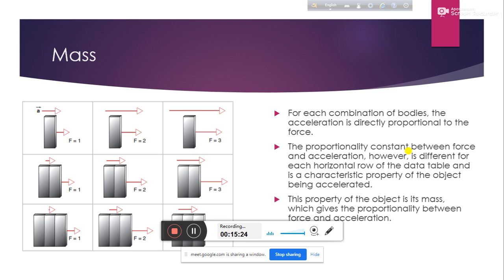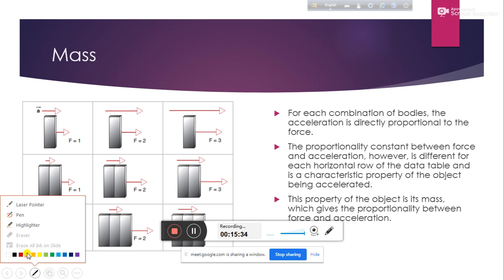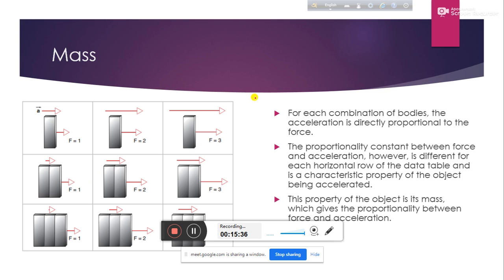So, if the constant of proportionality is K, then we can say that F is equal to K into A. F is equal to K into A.